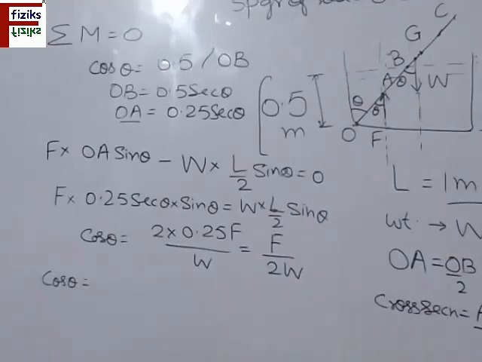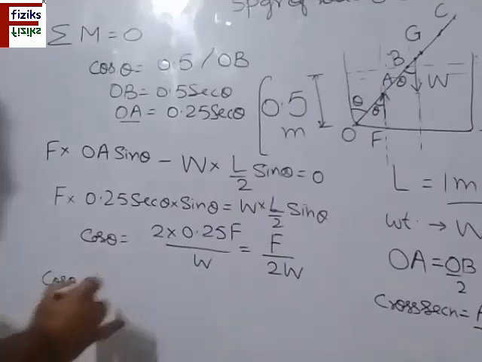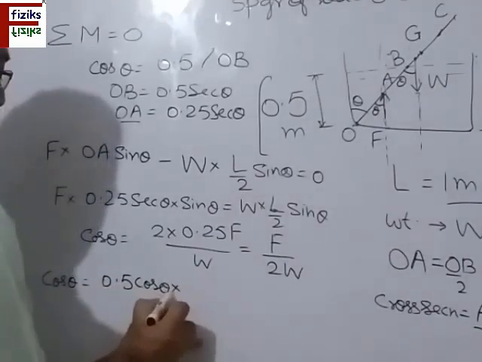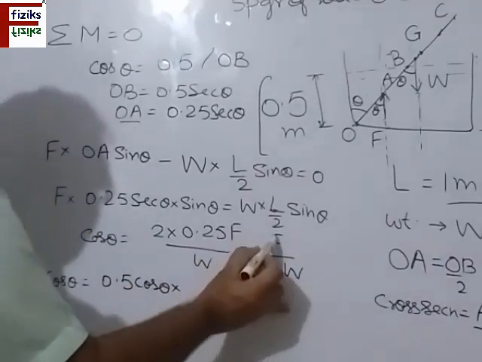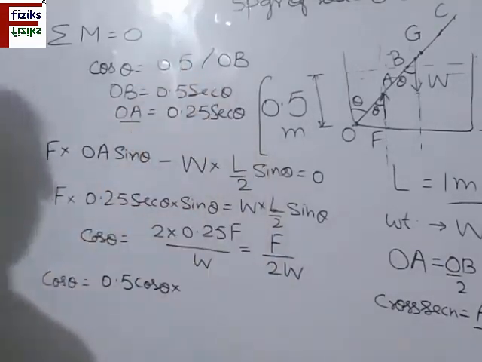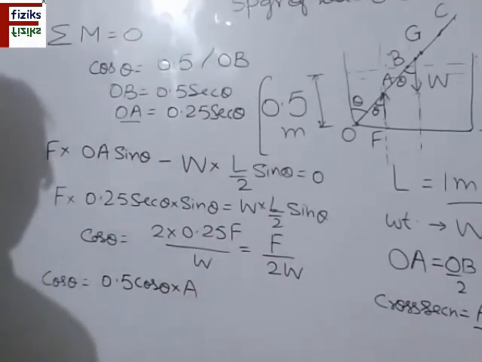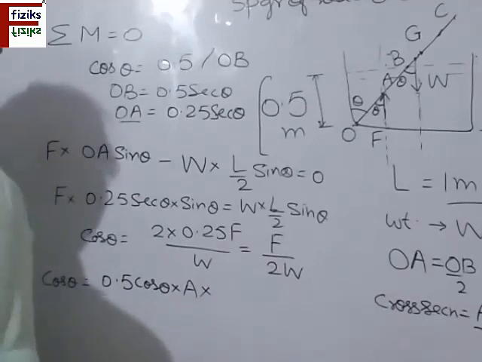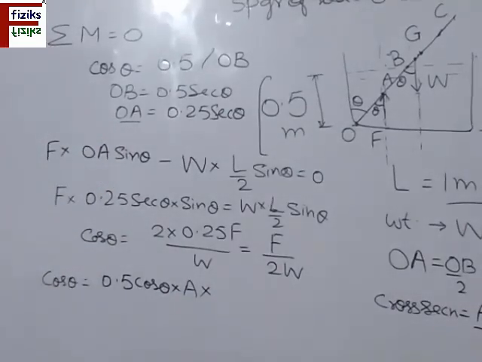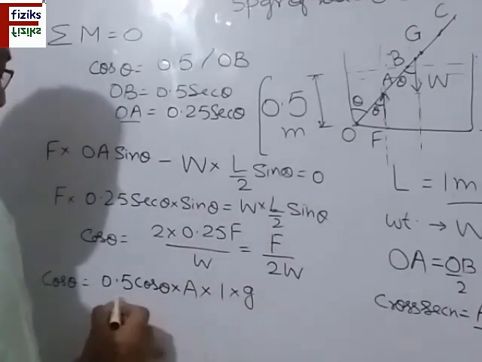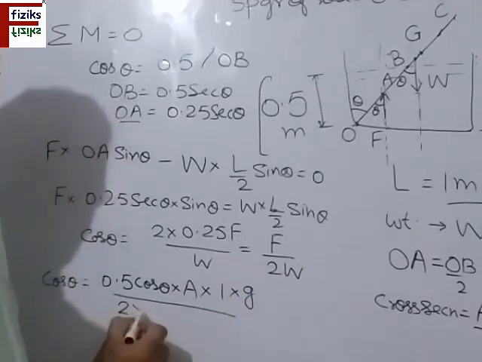So this length multiplied by the area of cross section, 0.5 cos theta. I am writing the expression for thrust force. So thrust force is the length multiplied by area of cross section into density of liquid, and density of liquid you can take equal to 1 gram per centimeter cube, this is water, into g, divided by 2 into W.